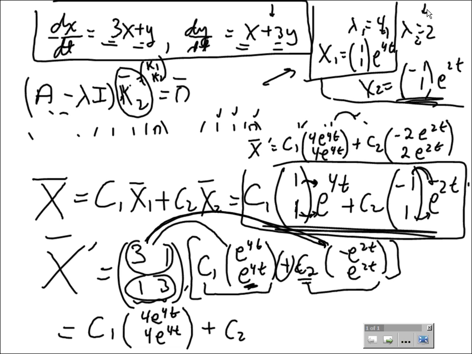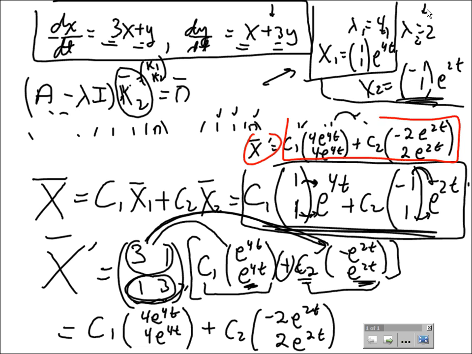When I do this times that, I get negative 3e to the 2t plus 1e to the 2t. That gives me negative 2e to the 2t. When I multiply the 1, 3 by this matrix, I get negative 1e to the 2t plus 3e to the 2t, which is positive 2e to the 2t. If you notice, I got exactly what I said x prime would be. These two are exactly correct.